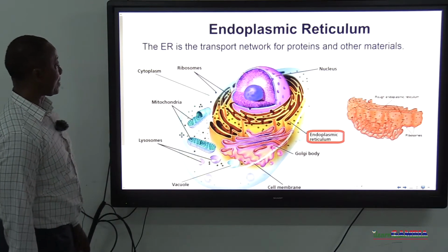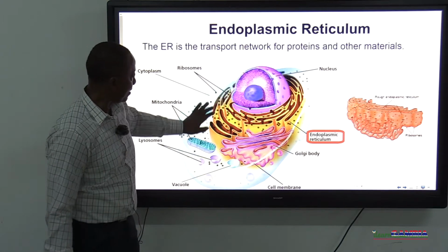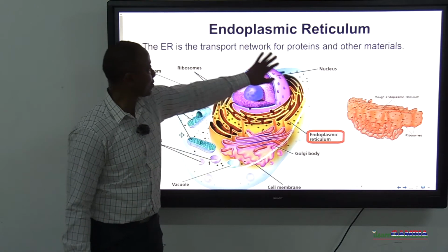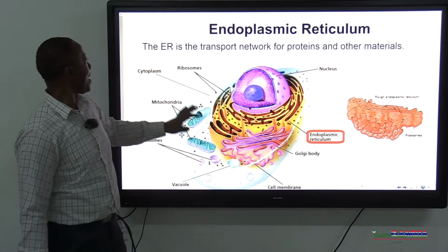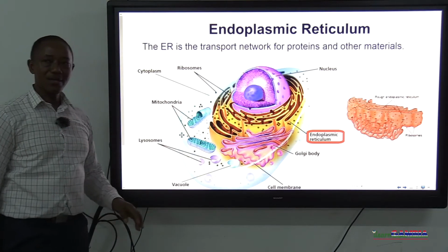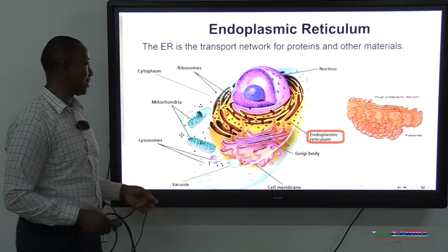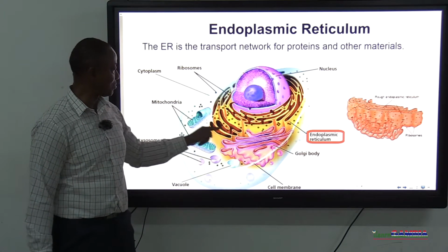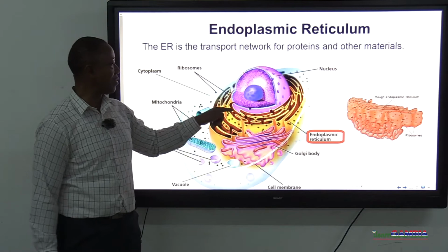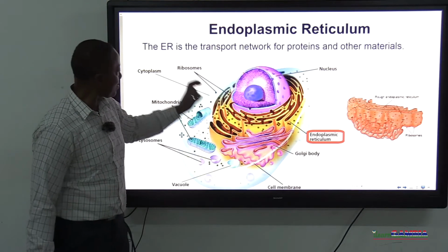The endoplasmic reticulum, I told you, is this thin hair-colored yellow structure surrounding the nucleus. Its work is to transport proteins and other materials. Again, you can see it has some channels, some space in between. And on it, you have the ribosomes.